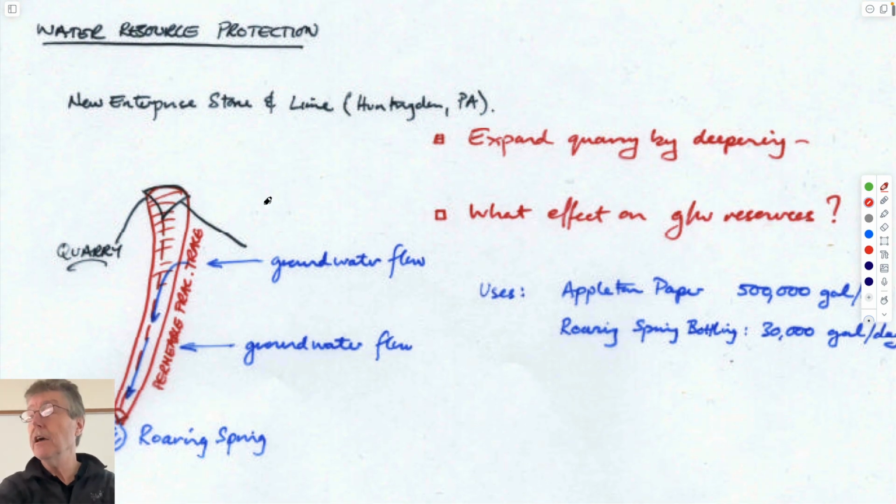Some of the things that are going on in this area is that if you look at the groundwater supply, all the groundwater supply in State College comes from fault zones. So these are horizontal faults and fracture zones, which are strike-slip faults like the San Andreas Fault in California.